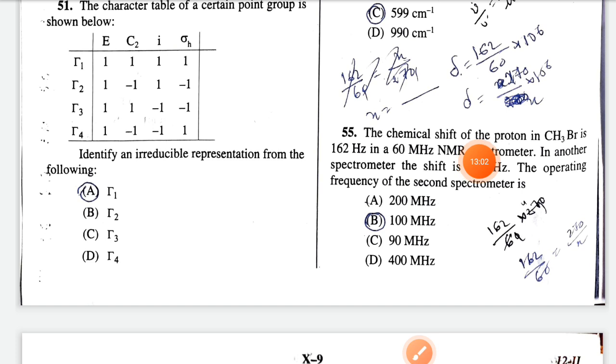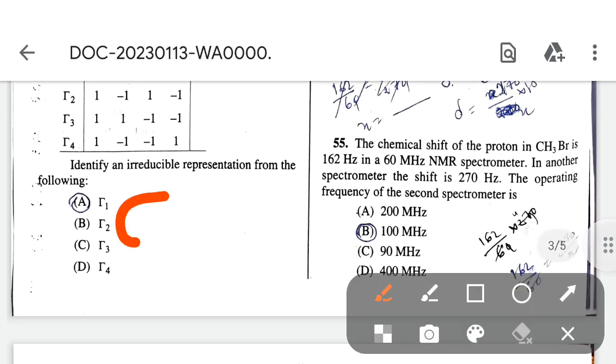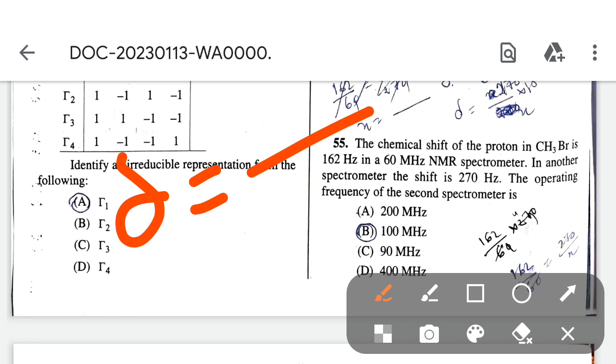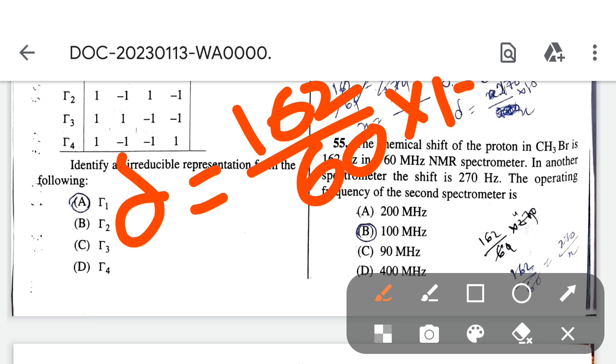Next, the chemical shift of the proton in CH3Br is 162 Hz in a 60 MHz NMR spectrum. In another spectrum, the shift is 270 Hz. The operating frequency of the second spectrometer is. Here the formula is delta is equal to, here we will put at first 162, then 60 megahertz, then 10 to the power 6.